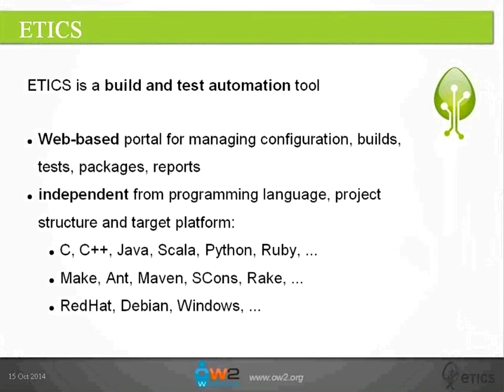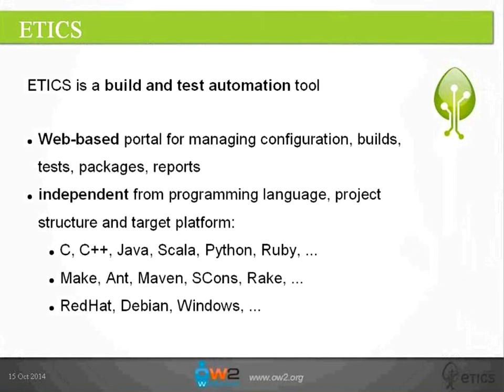So now we will go a bit in depth in the ETICS tool, how the ETICS tool works, and how it's possible to configure the tool to actually evaluate the quality of a given software. So ETICS is a build and automation tool, and it's based on a web-based portal.